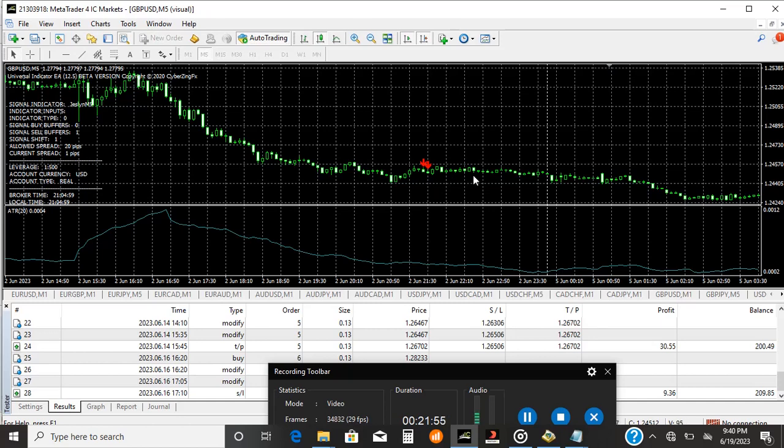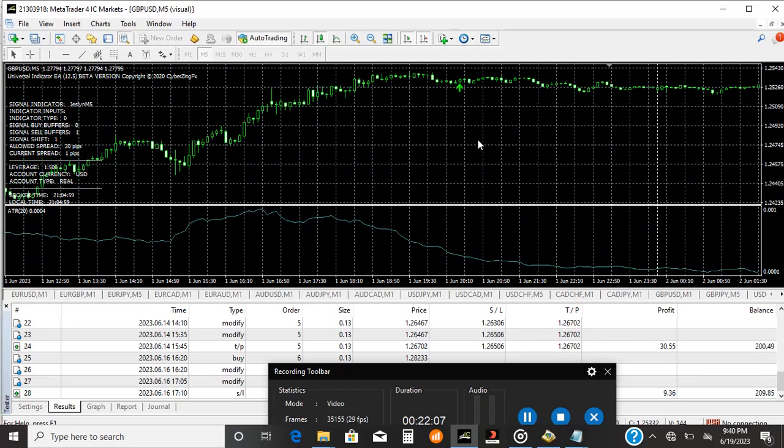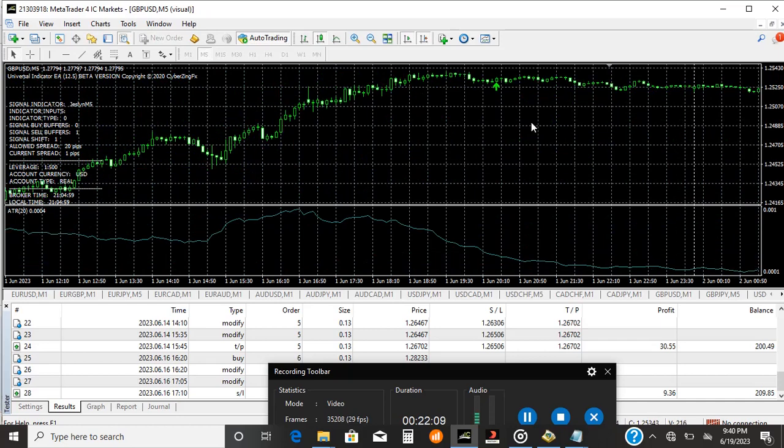You see what happened? See how choppy the market is during this period. So it's very important to stick to our time period. You see, still after our time period, you see how it goes.